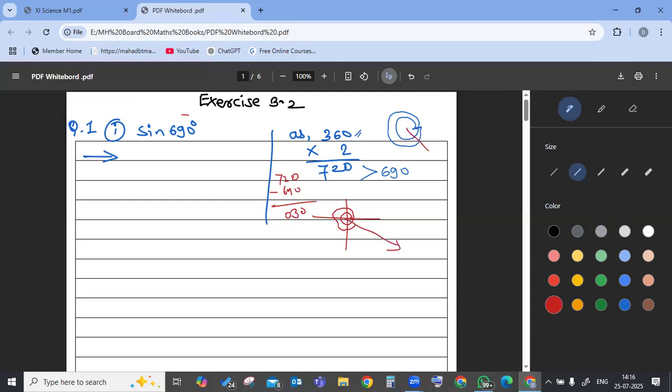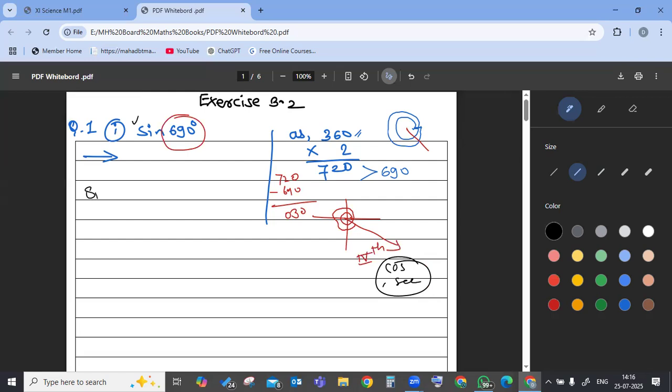So this angle 690 will fall in the fourth quadrant. Getting it? And that's why this angle will have which sign? The fourth quadrant has cos and sec ratios positive, and we are finding the sine ratio, which will be negative in the fourth quadrant.